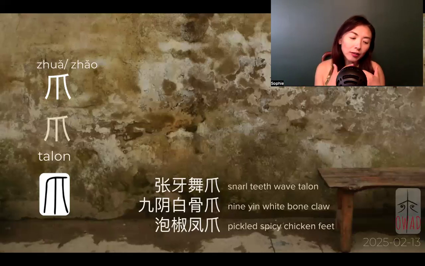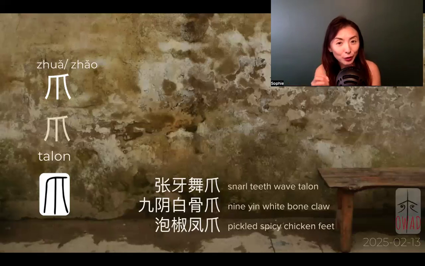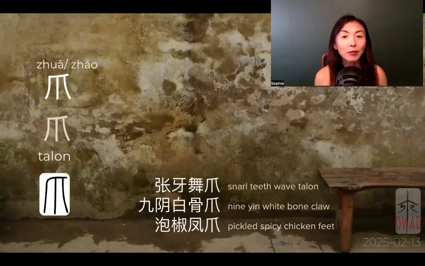And so when you're 张 means open the teeth, open the mouth to bear the teeth, which is snarl, right? And when you do that and you wave your talon, it's combined together means you're really aggressively display your aggressive body language.